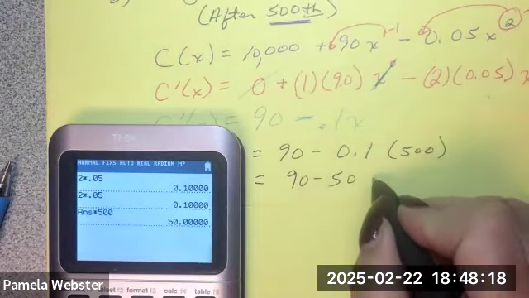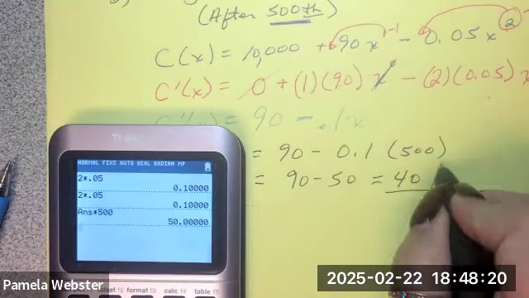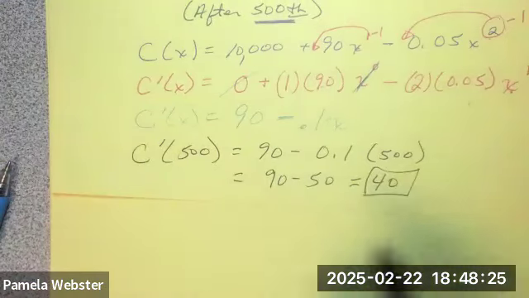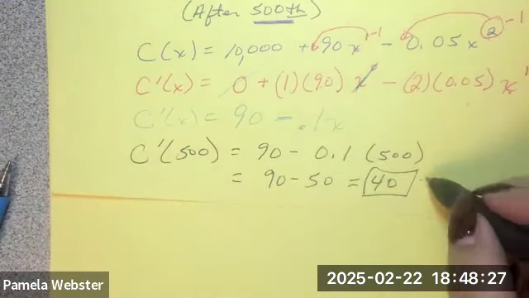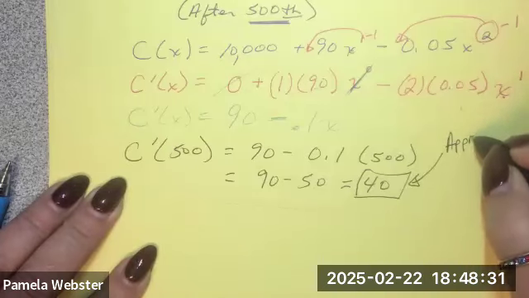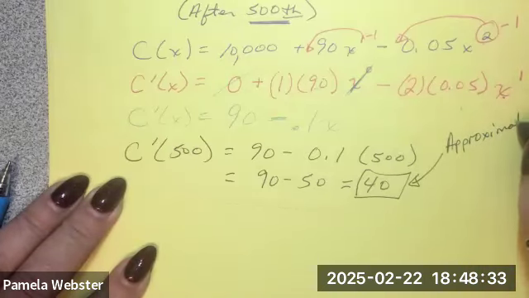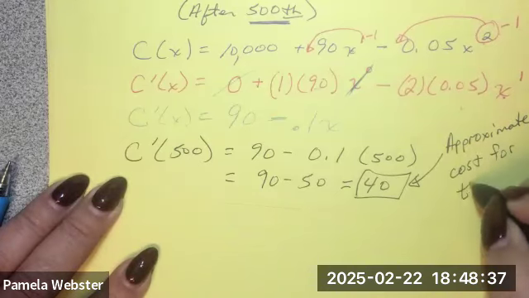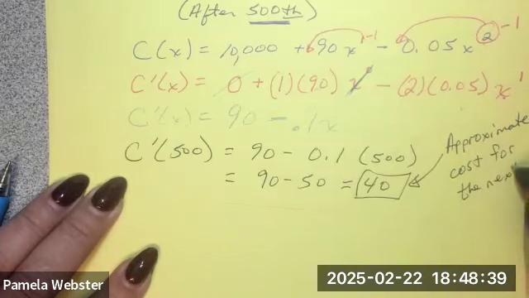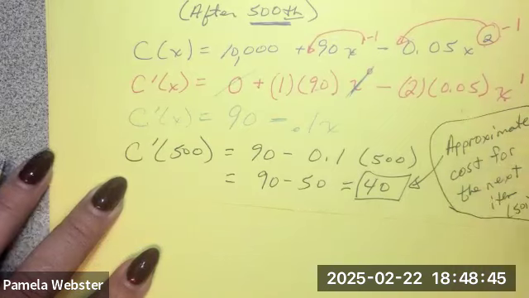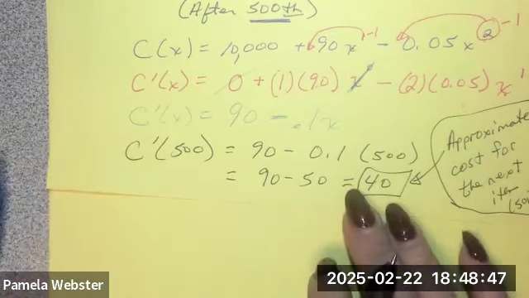And we all know 90 minus 50 is 40. So there we go. We have taken the derivative and plugged in 500. And what we have here is called an approximate cost for the next item. Or as we said, that's the 501st guy, right? Number 501. Okay, so let's see if we like that or not.